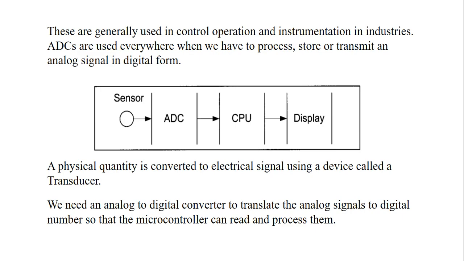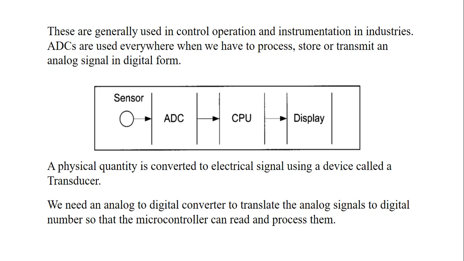This sensor converts physical quantities into electrical signals, for example voltage, current or resistance. For example, a temperature sensor converts temperature into either voltage or resistance.